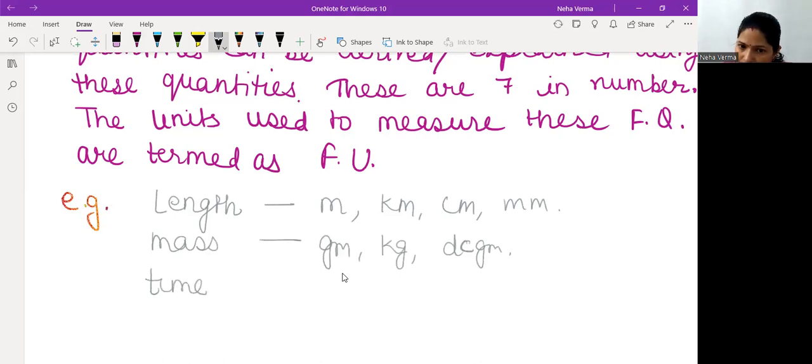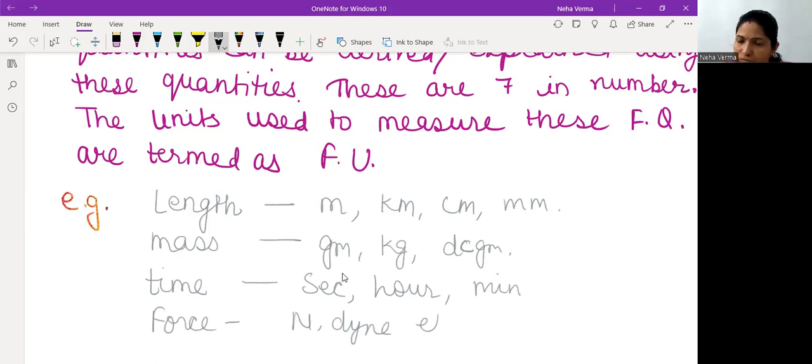Time: seconds, hour, minutes. Force: Newton, dyne, etc. So these are called its quantities.